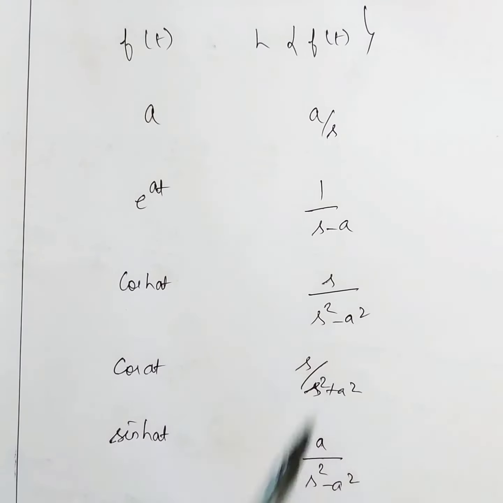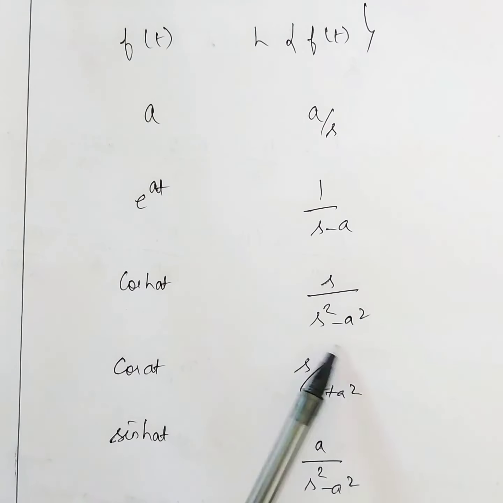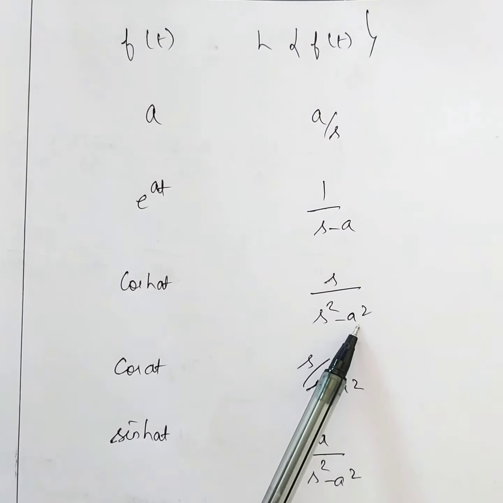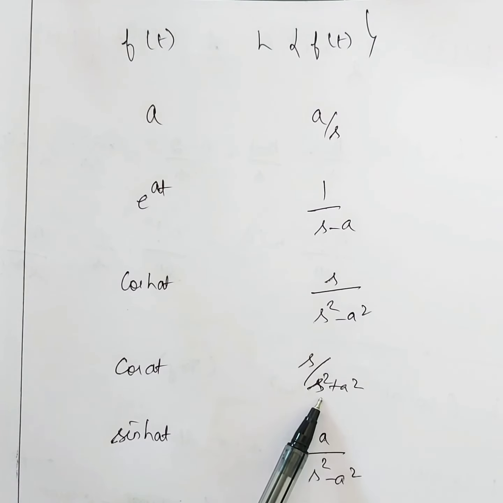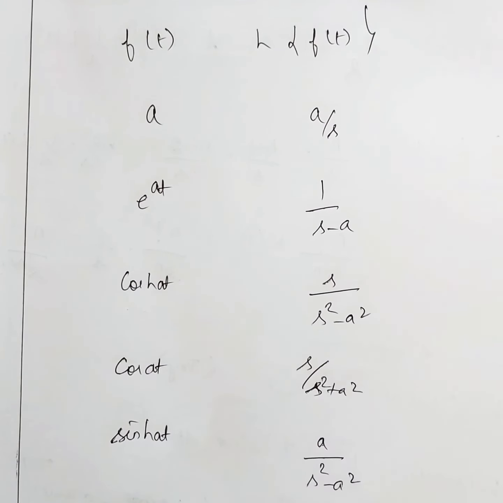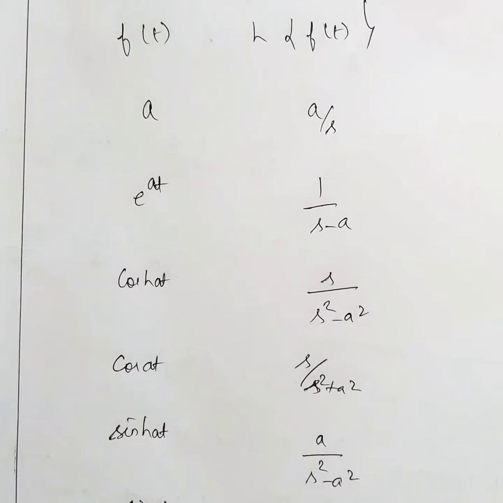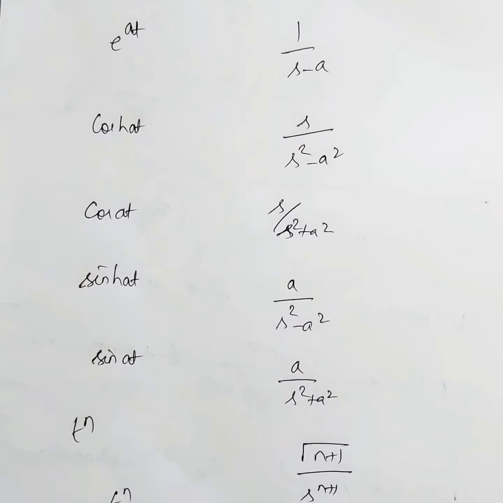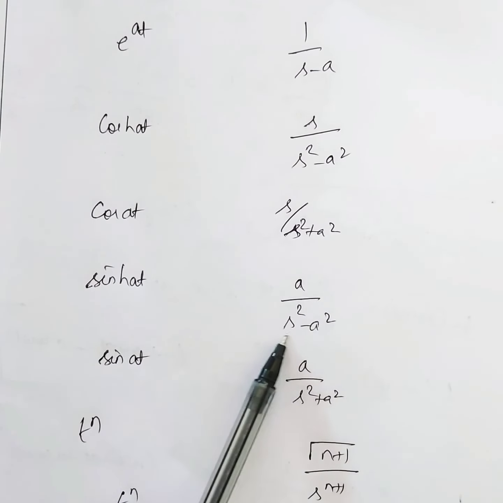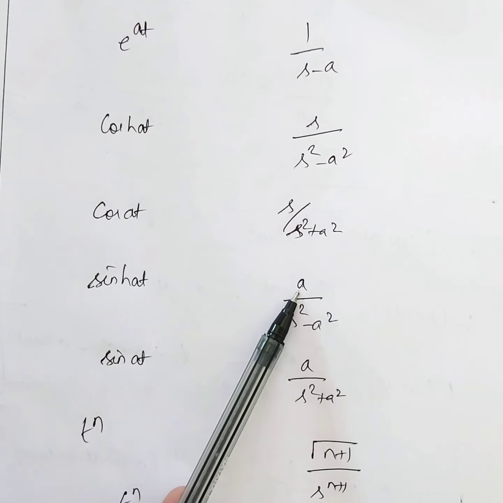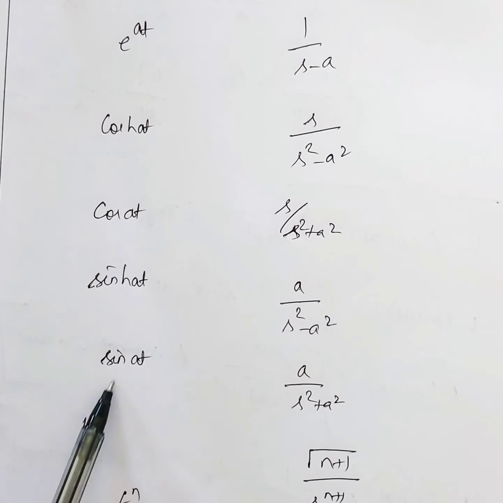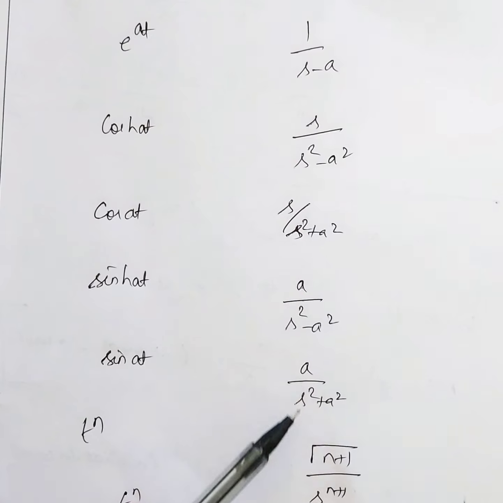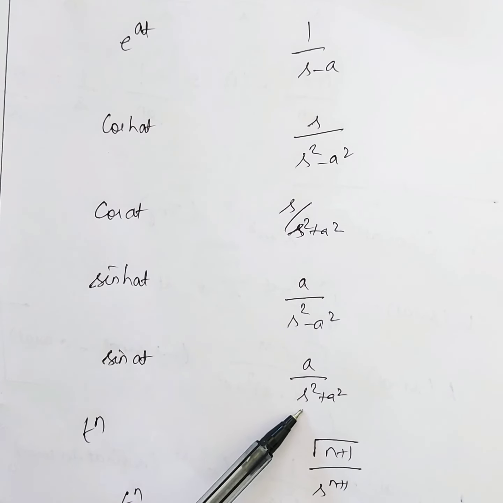For cos, the numerator is s. And in the hyperbolic, it's s square minus a square in the denominator. Normal cos term, s square plus a square because of the formula. Same way for sine hyperbolic, I clearly told, if it's hyperbolic, denominator is s square minus a square, numerator a. We derived it. Similarly, sine at, numerator is a, but denominator is s square plus a square.